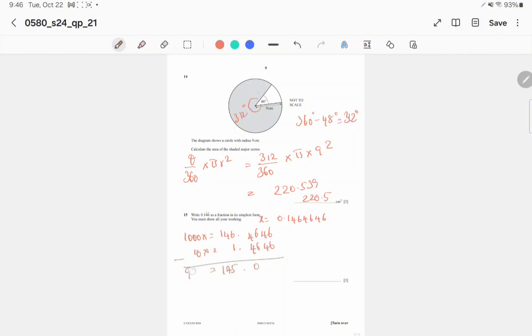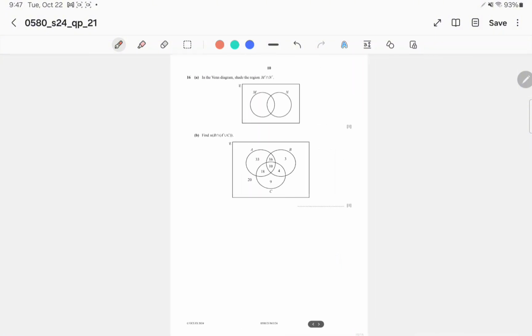Here it is 990x. So x is equal to 145 divided by 990, which is equal to 29 divided by 198. So the answer is 29 divided by 198. Okay, can we move to the next question?